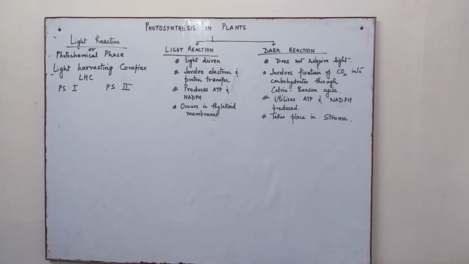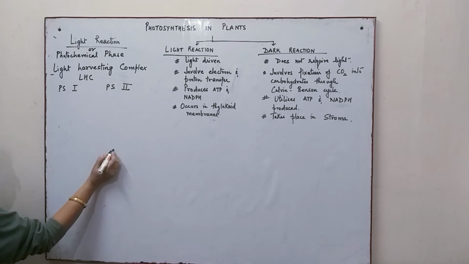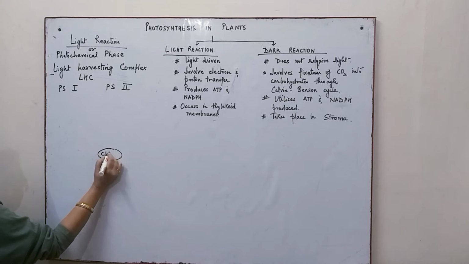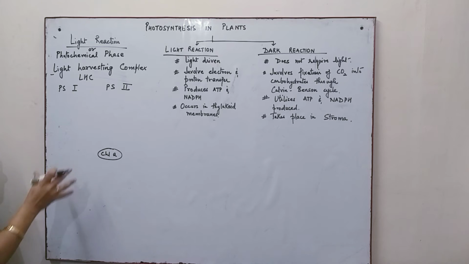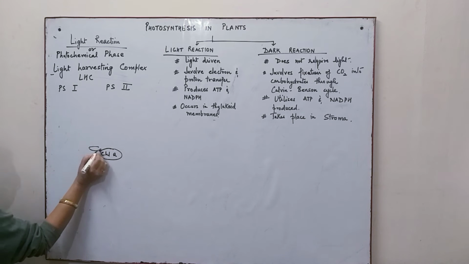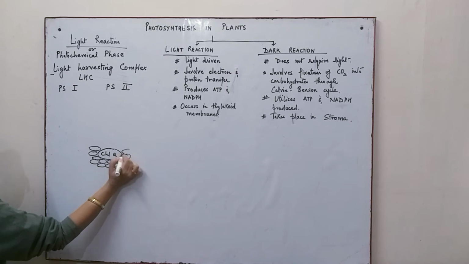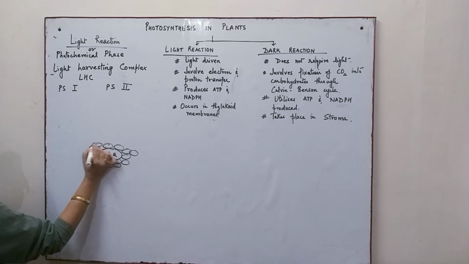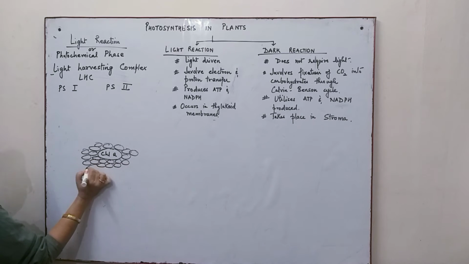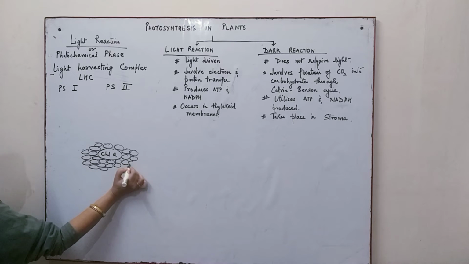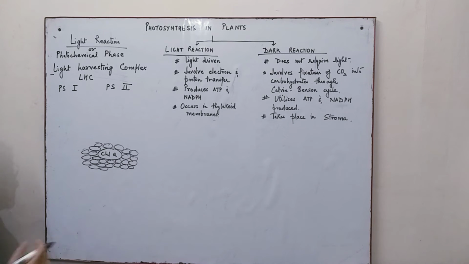Now, we know that chlorophyll A is an important pigment which absorbs the light. So, chlorophyll A is the main center, and it is surrounded by several other pigments. These pigments can be chlorophyll B, C, D, E, or carotenoids or xanthophylls.